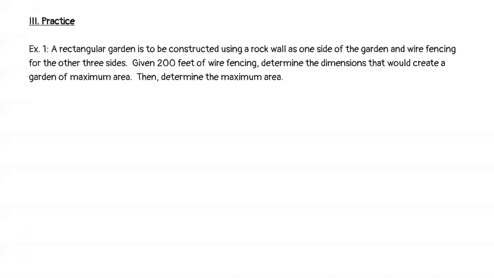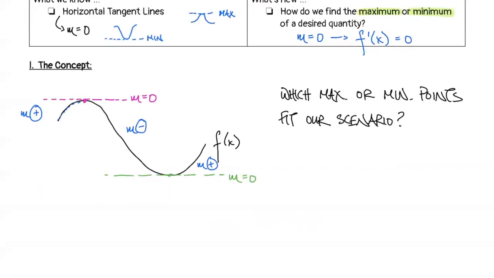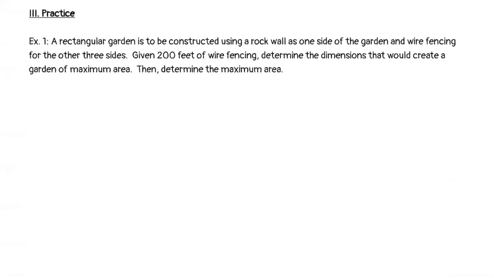I bet we're going to take derivatives and set them equal to 0. That's going to be a big theme for us. We're setting them equal to 0 because maximum and minimum happen where the slope is 0. Okay.